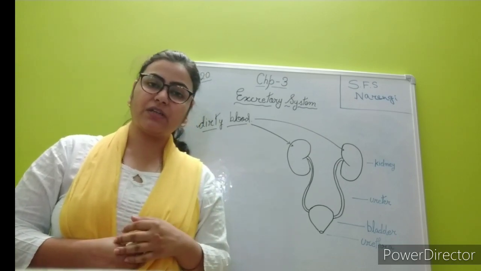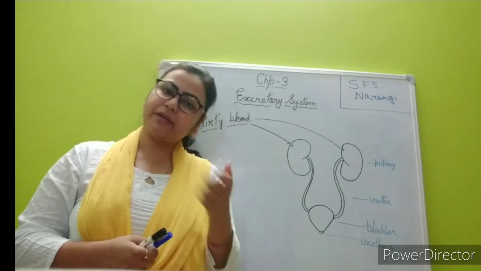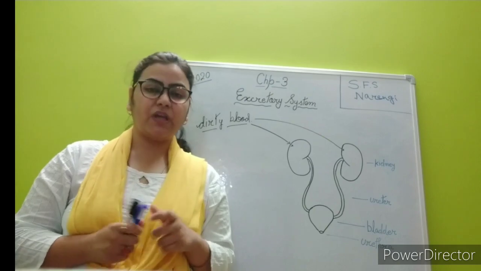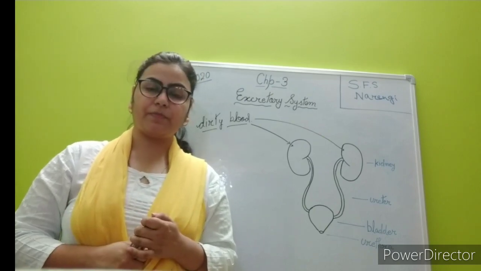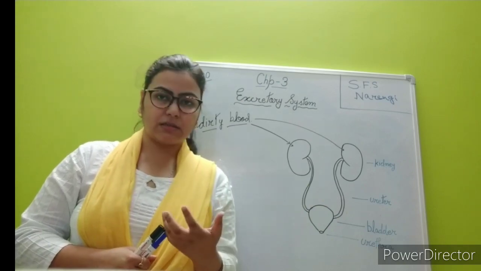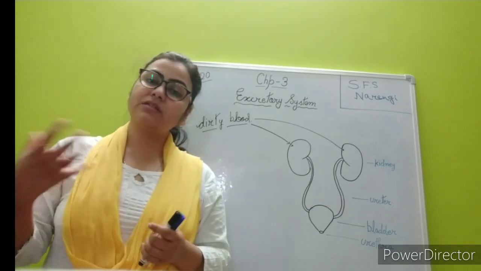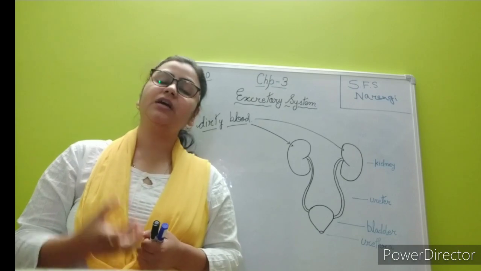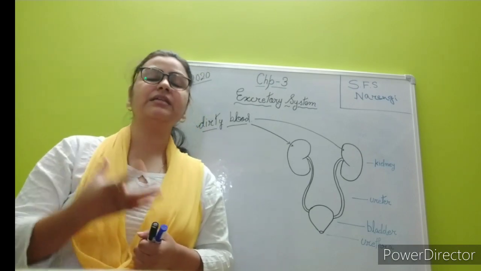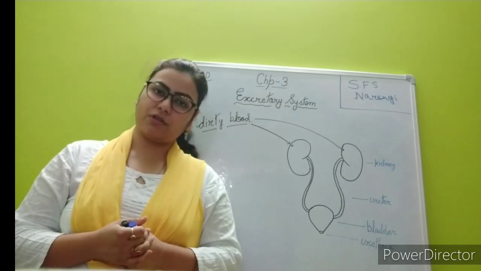Why do we use that filter? Do we just open the tap and drink the water from there? No, we don't. We drink the water from the filter only. Why? Because the tap water contains dirt, right? But what does the filter do? It keeps back all the dirt, and it gives us pure water.